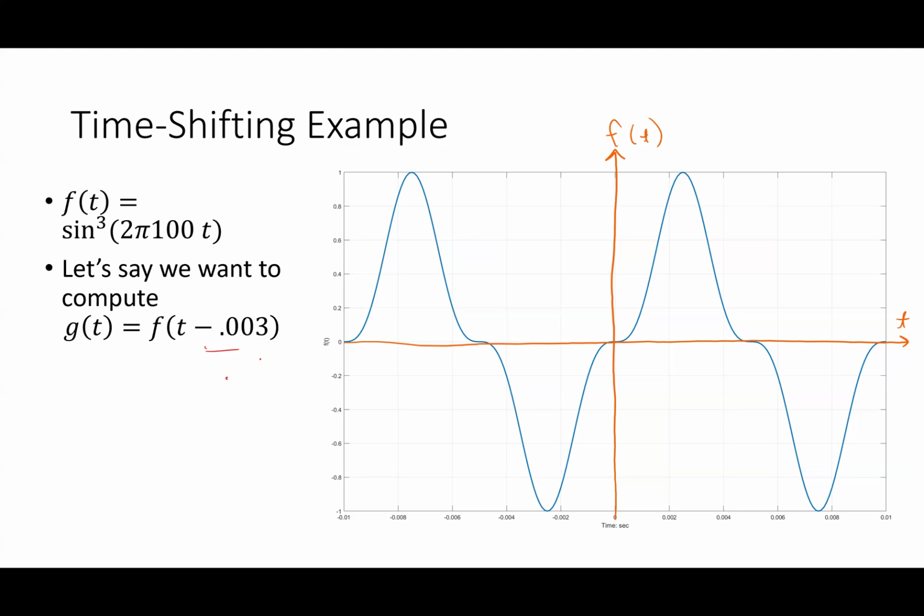But how do I plug that in to figure out g of t? How do I plug that into f? So f was sine cubed of 2 pi 100 t. Because I have a factor here multiplying the t, I'd say sine cubed of what? How should I write that?